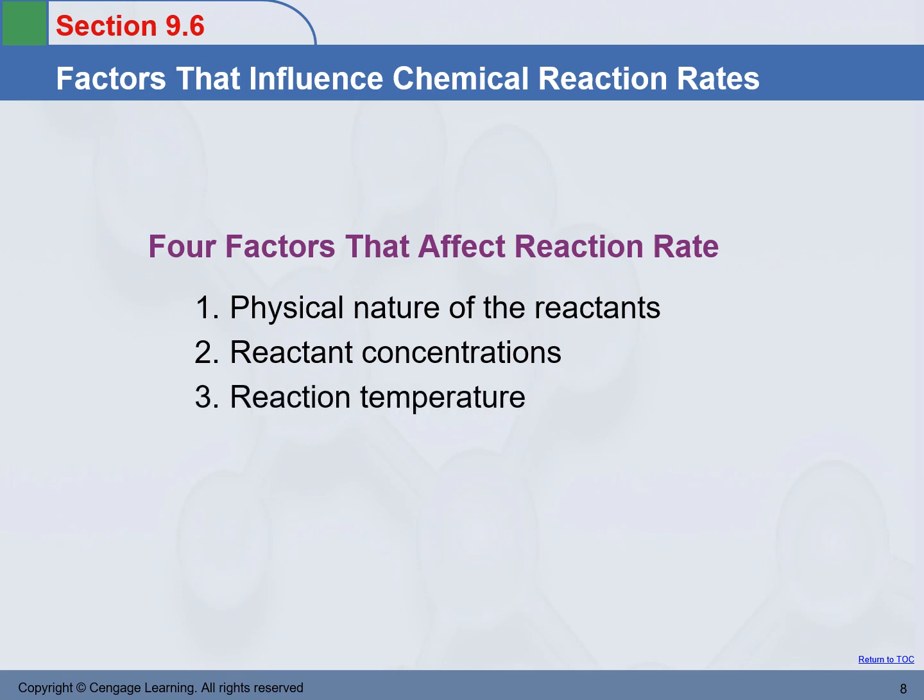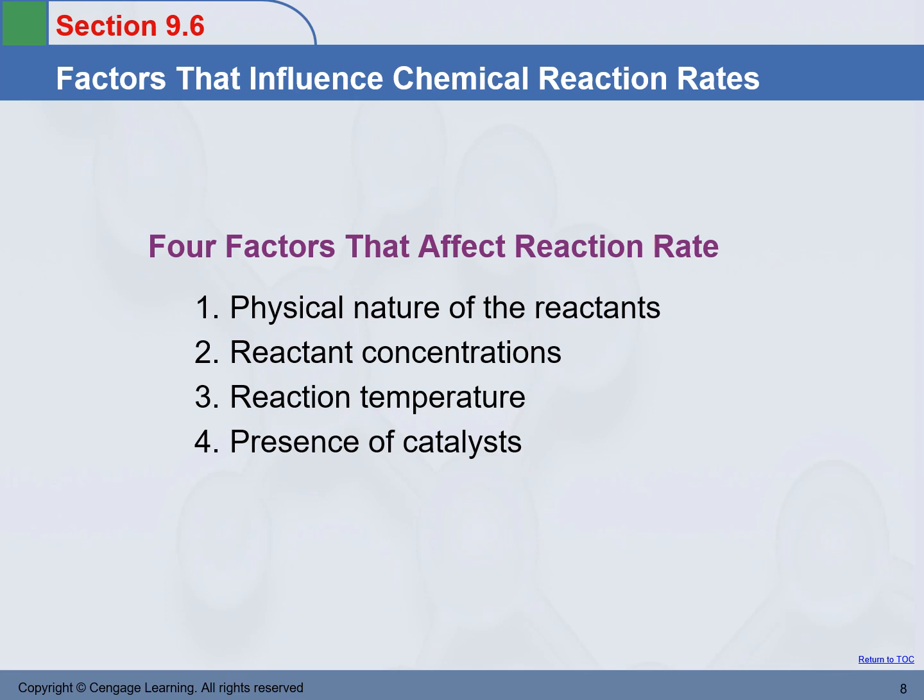Number 3, reaction temperature. The higher the temperature, the faster the reaction, because when temperature is higher, it causes, number 1, more collisions. Number 2, more collisions are able to overcome the activation energy. Both factors make the reaction rate faster. Number 4 is the presence of a catalyst.